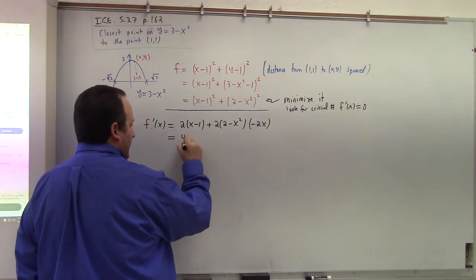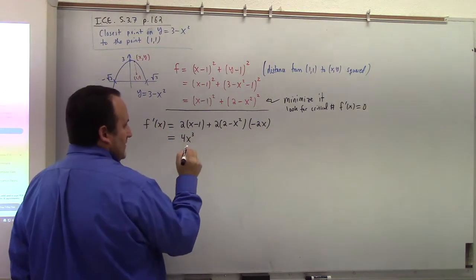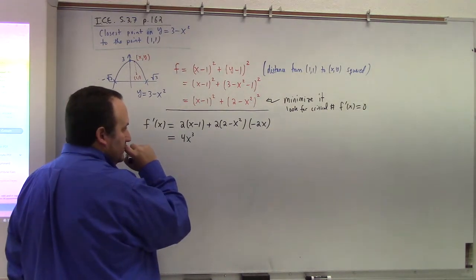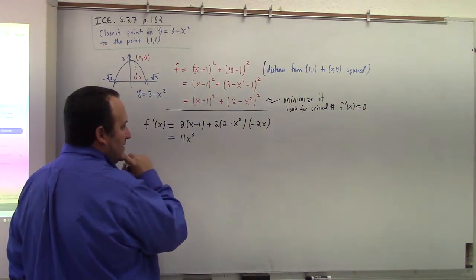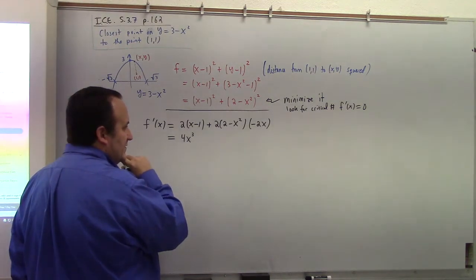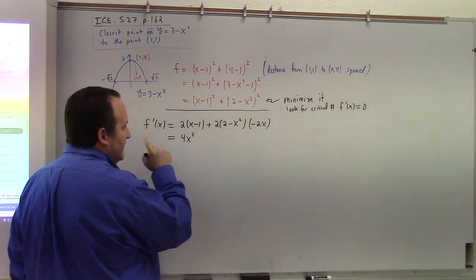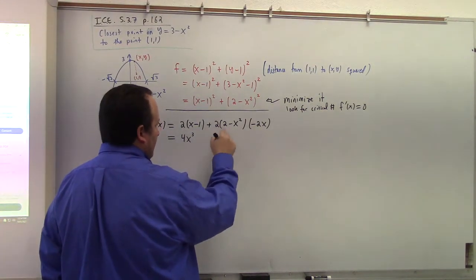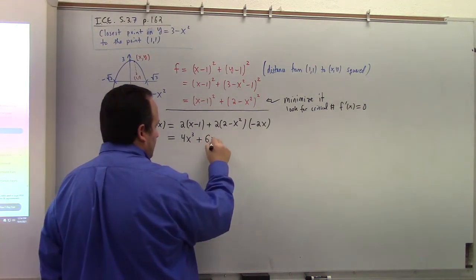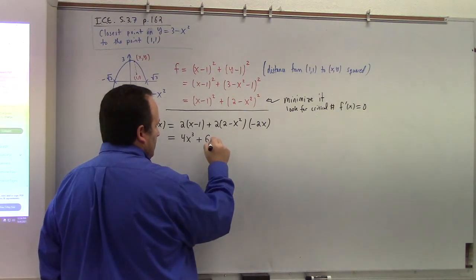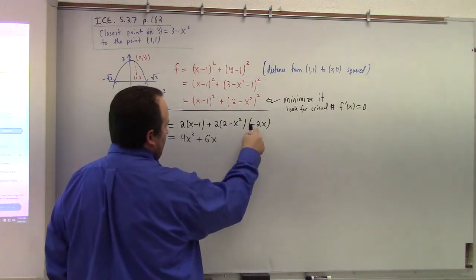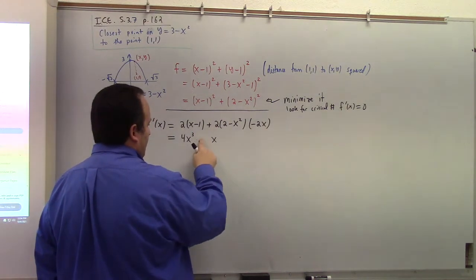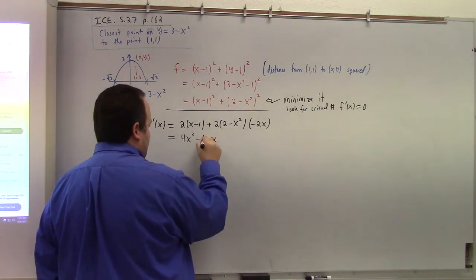That gives me 4x cubed as the leading term. In terms of x squared here, there is no x squared term. I've got 2x here, and I've got another 4. I think I have plus 6x. Oh, wait a minute. No, that's 2 times 2 times minus 2. That's minus 6. Minus 6 plus 2 is minus 4x, rather, if I didn't make a mistake.